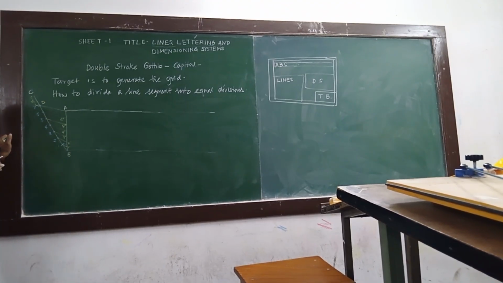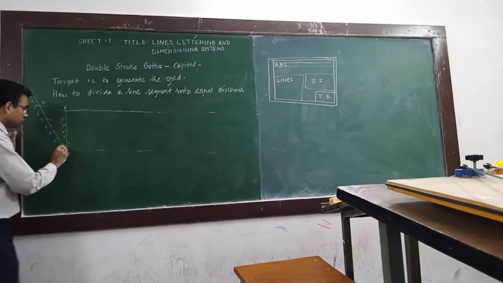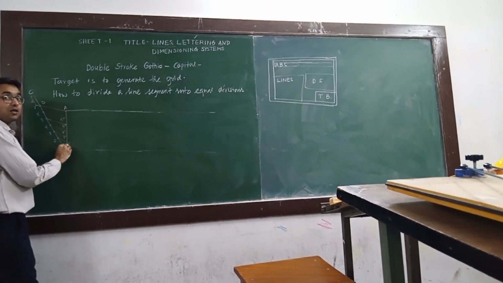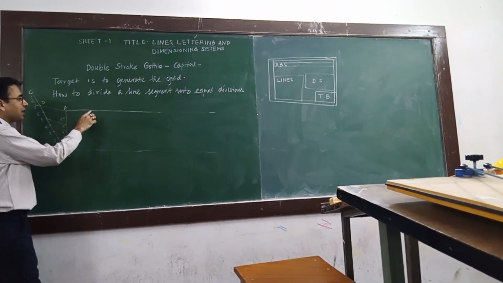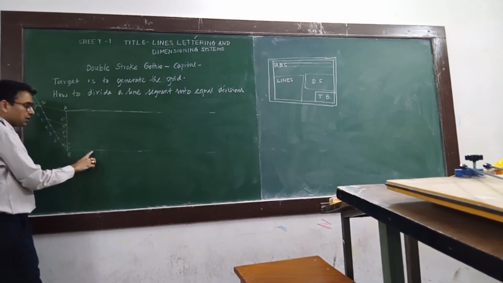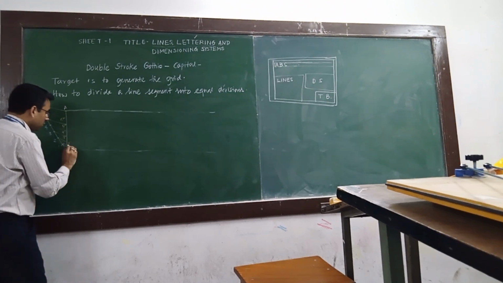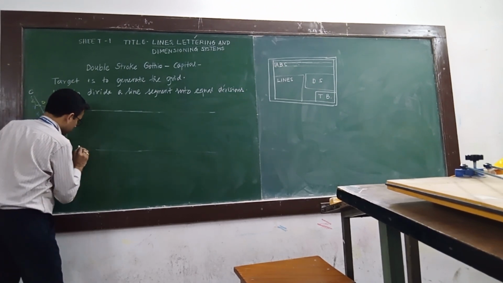Okay, I will draw parallel lines through these points. Parallel to what? Parallel to this line or parallel to this line? They are horizontal already. Now I will draw lines parallel to this.